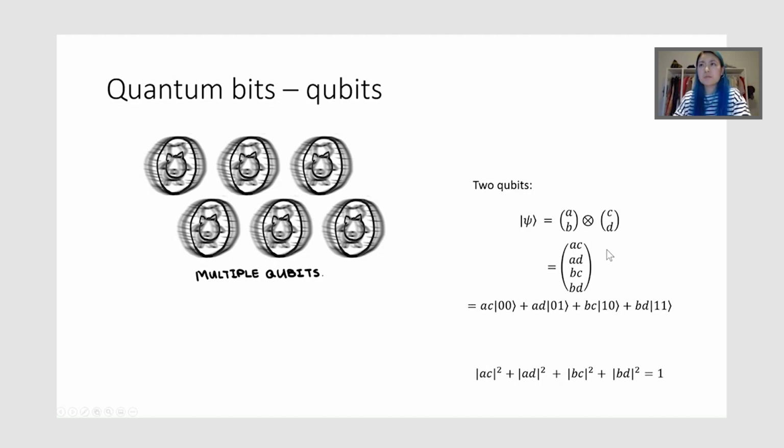We have 0 0 being 1, 0, 0, 0. So that's this one here, so the other 3 elements were all 0, but you have this A C left. So you can label them like these superpositions of the 4 possible states. Again, you don't have any restrictions on the sign, whether they're real numbers or complex numbers. You just need to make sure that the probabilities add up to 1.